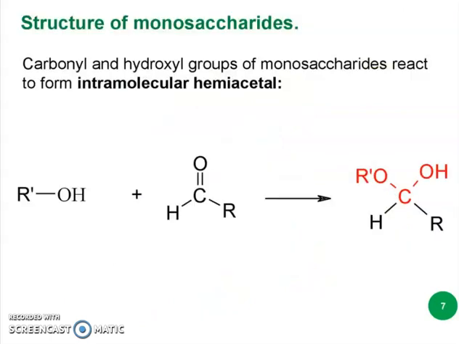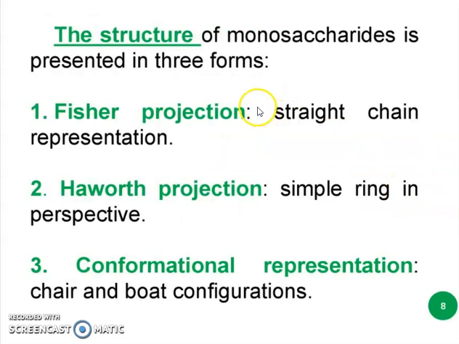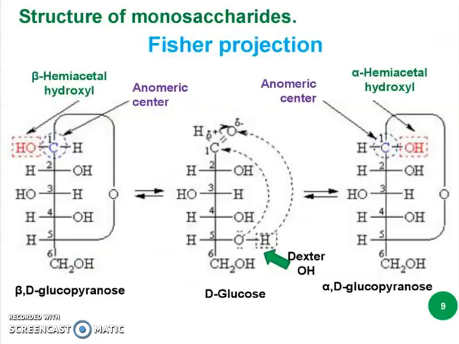So the carbonyl and hydroxyl group of a monosaccharide react to form an intramolecular hemiacetal. This is the intramolecular hemiacetal. The structure of monosaccharide is presented in 3 forms: Fischer projection, a straight chain representation; Haworth projection, a simple ring representation; and conformation, which represents chair and boat configuration.